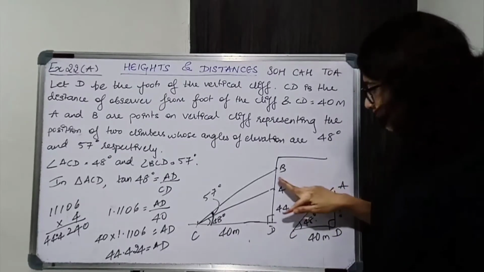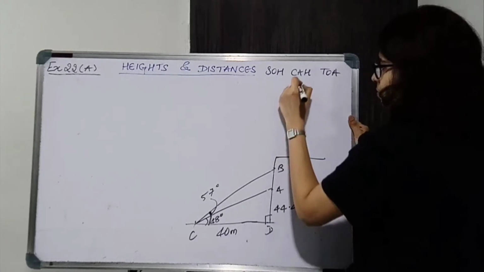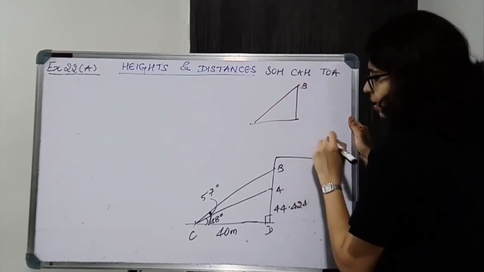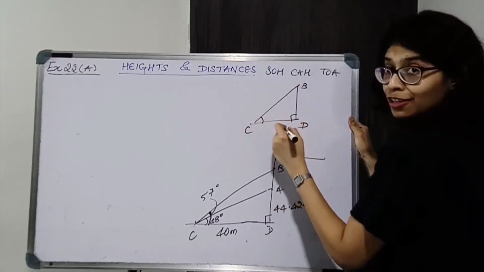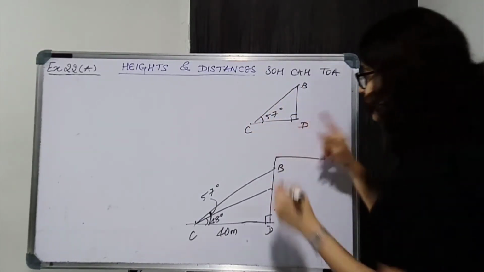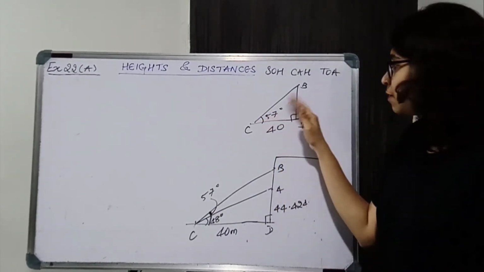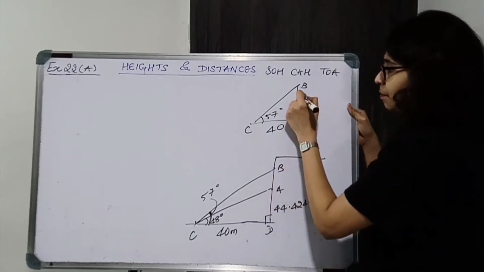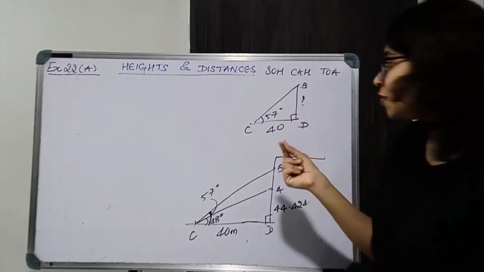Now we need to find BD. For that we'll consider triangle BCD. B का angle of elevation is 57 degrees. Now CD is 40. Angle का adjacent we know. We need to find opposite, that is BD. ये find करना है. So opposite and adjacent come in tan. So we'll take tan of the angle.